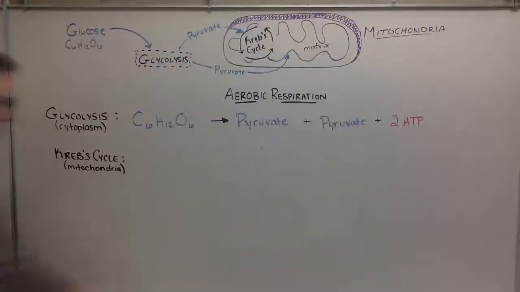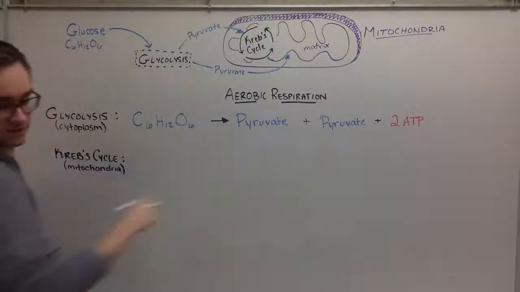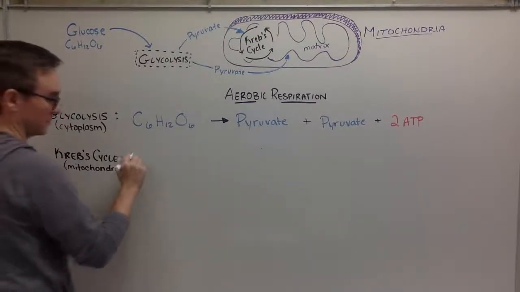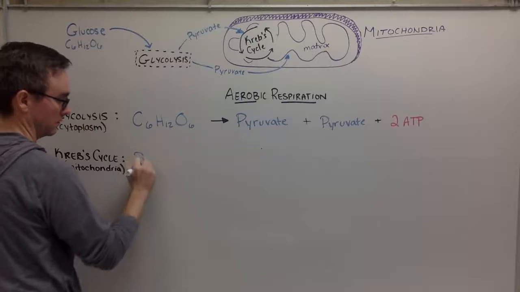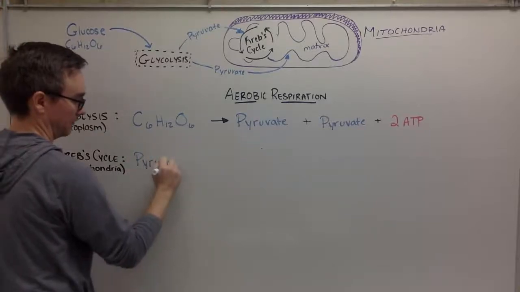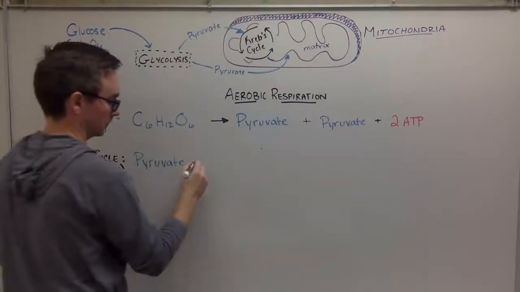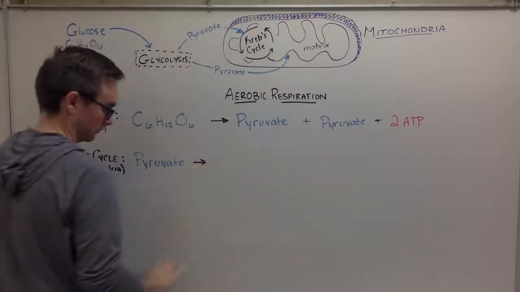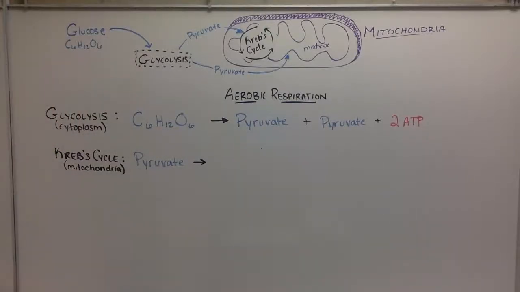So it's happening in the mitochondria. What happens is we take one of those pyruvates, and we are going to break it down.